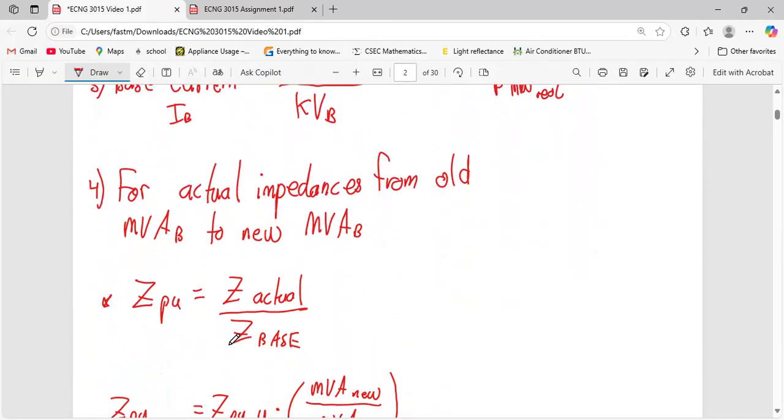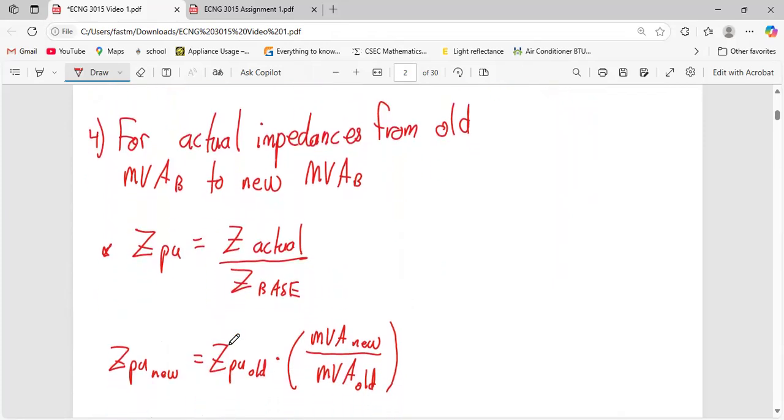And the other two that are important. We'll use these when you're trying to go from an old MVA base to a new one. The new one basically means the standardized one. The per unit, if you want to convert the actual to a per unit, you divide it by the base.